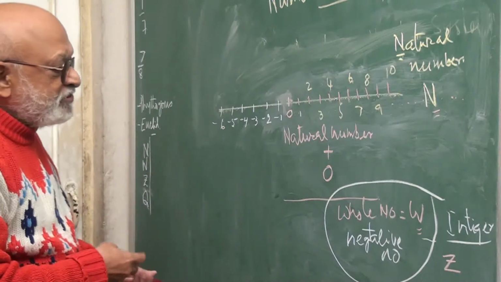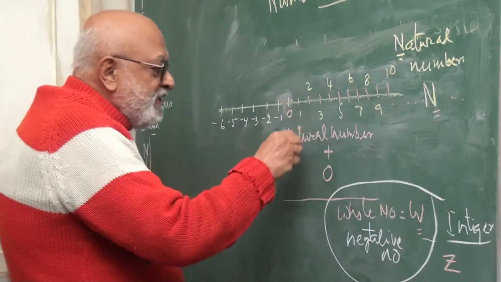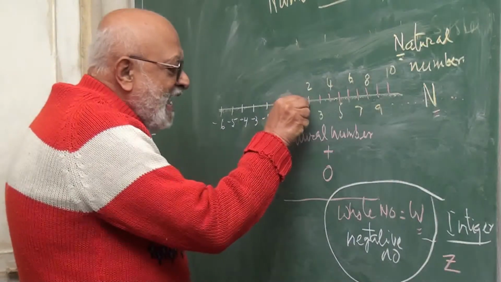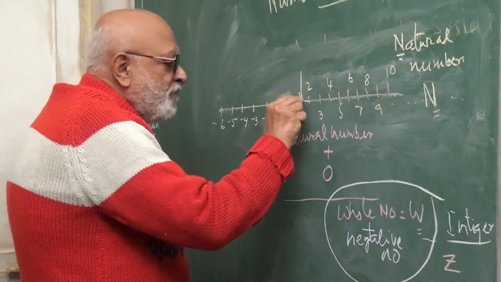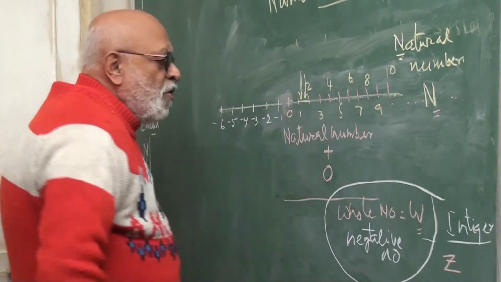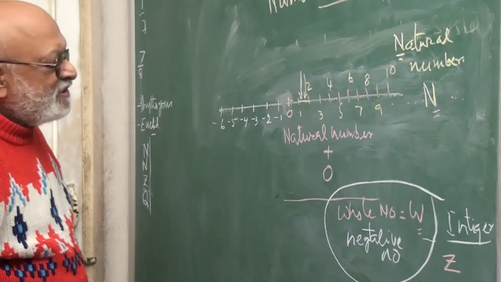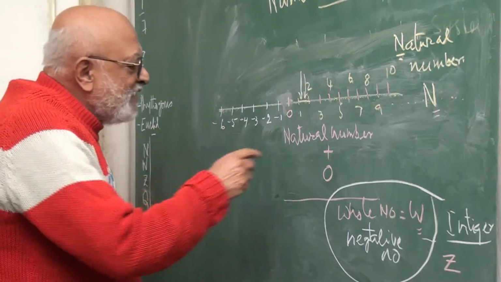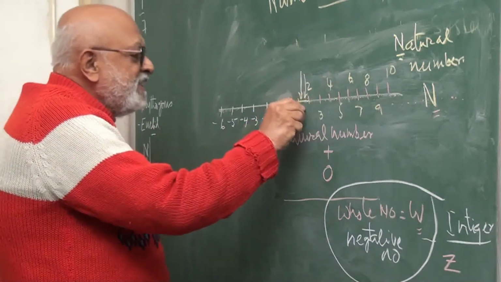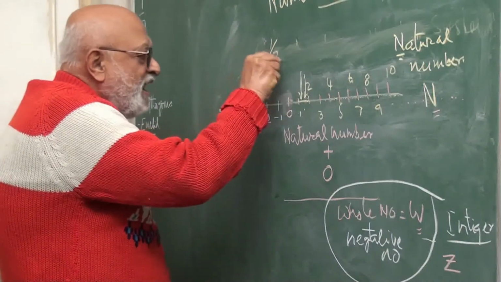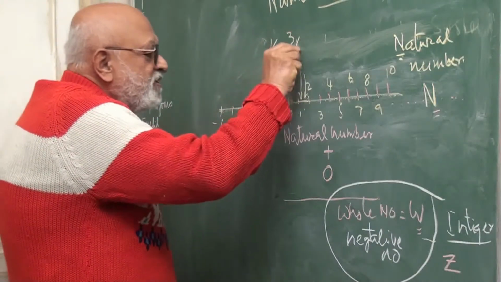Now you can also see that in between say 1 and 2 there is a gap, okay? And in this gap, there would be a lot of numbers. Okay, and these numbers will be what? These will be fractions, because 1 and 2, these are the numbers. So anything in between, let us say that would be half, that will be 3/4.